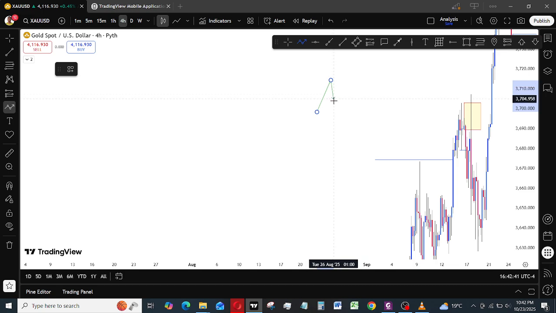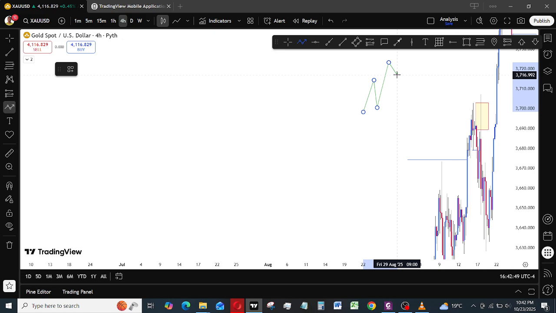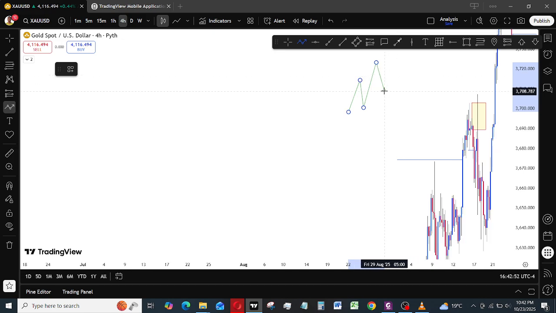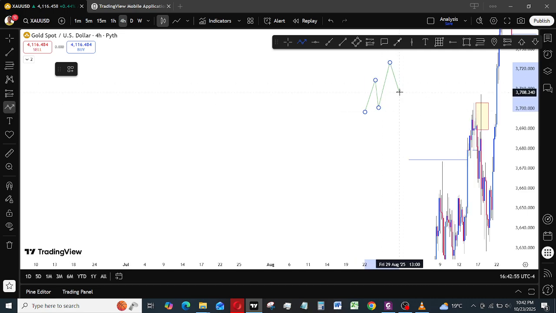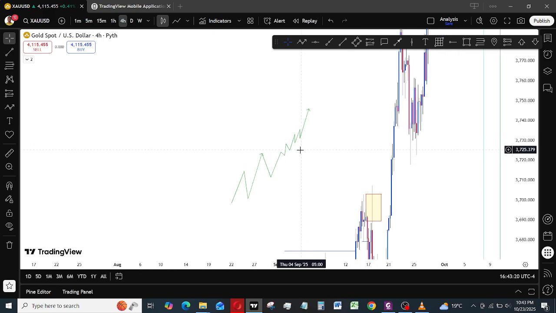Suppose the market has moved in this direction, it's continuing like this, and maybe it has formed some things like this. So in this leg, I will always look for what we call a liquidity sweep.